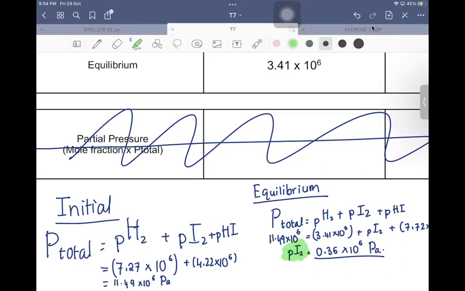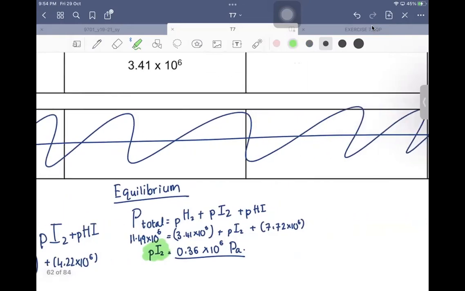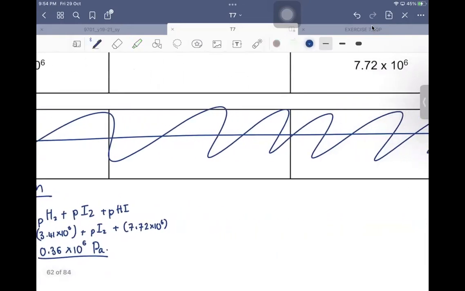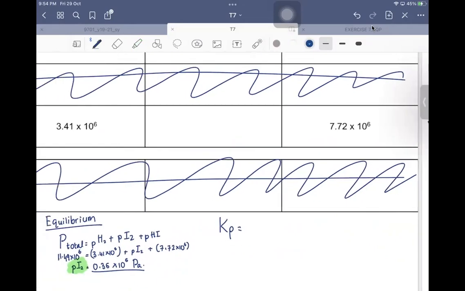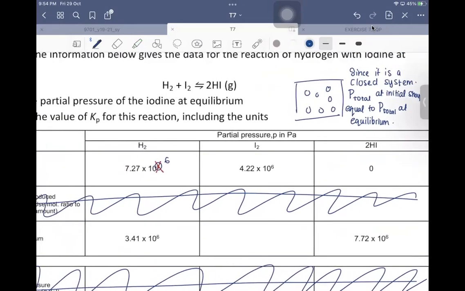The second part, which is part 2 of the question, wants you to calculate the value of Kp for this reaction, including the units. Okay, moving on. Kp, I have to refer to the equation. Where's the equation? There.